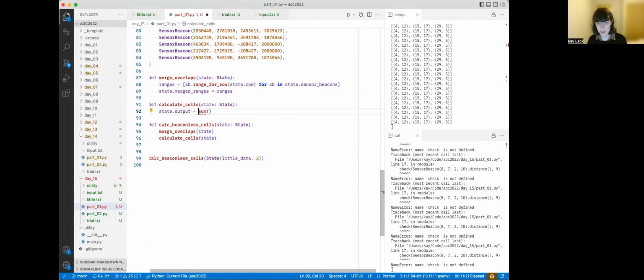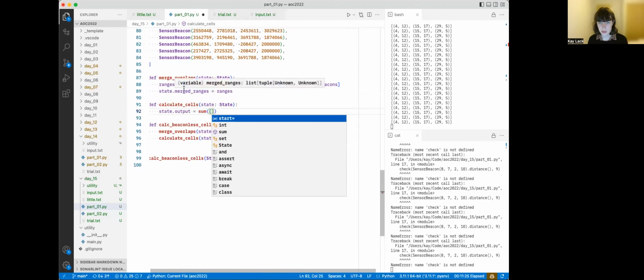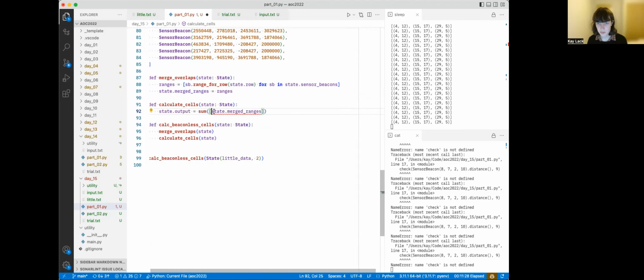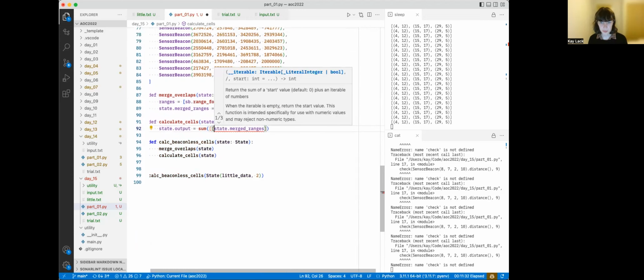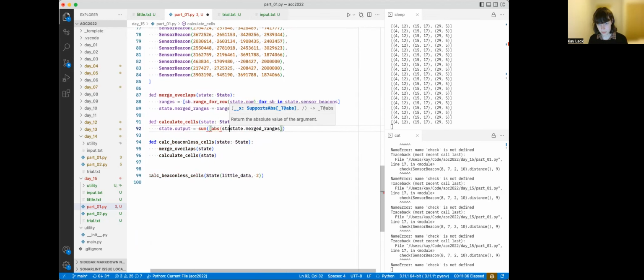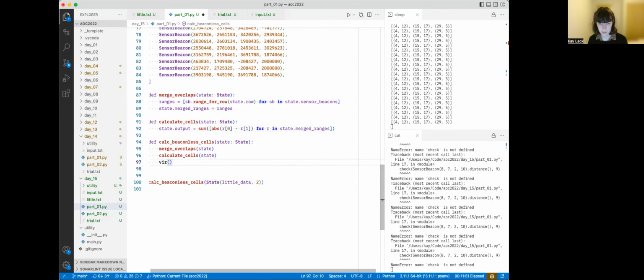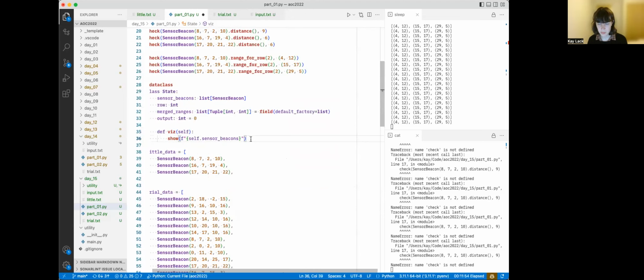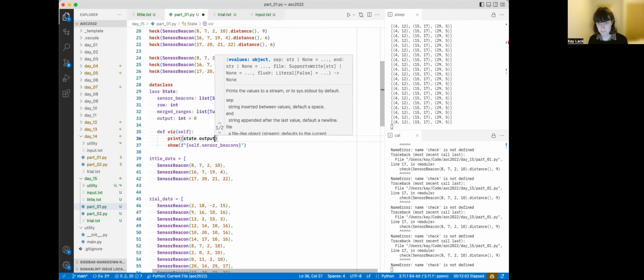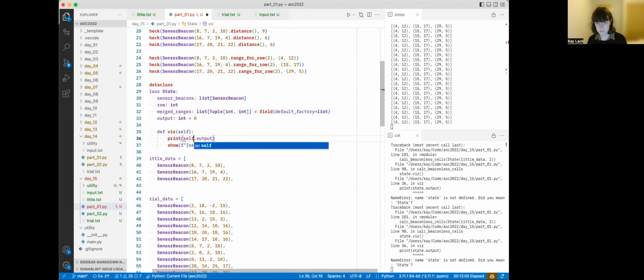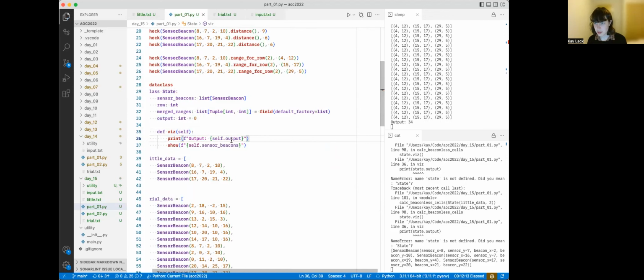Okay, state output equals sum of the state merged ranges, and it's going to be... So that's 34.